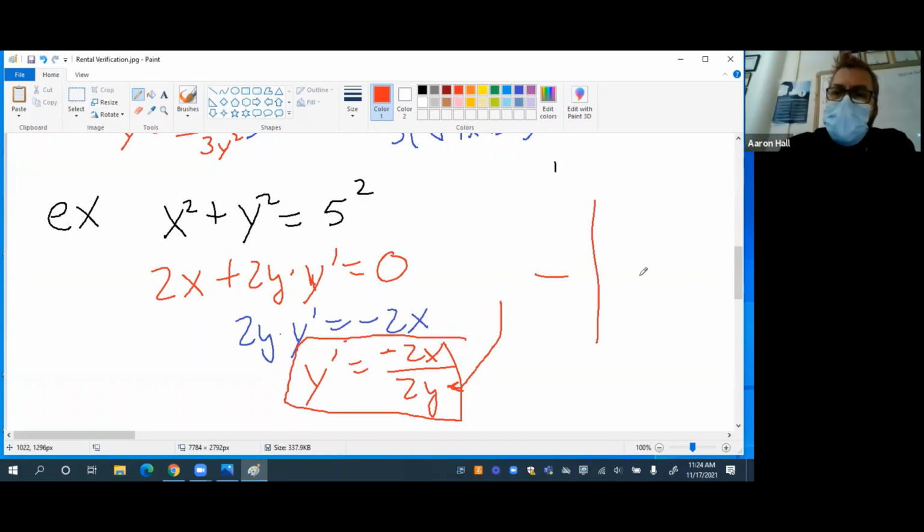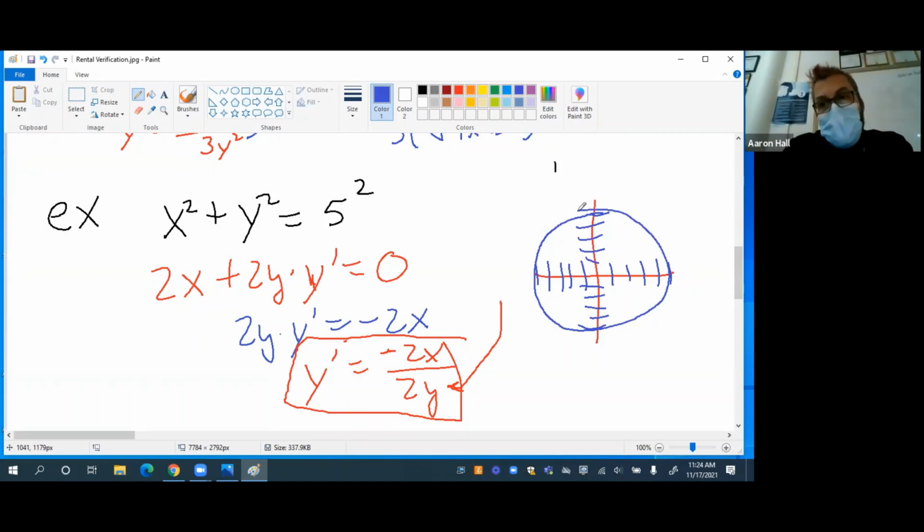Why do I need an x and a y? You need an x and a y to have a slope. For any x value, how many slopes do I have? 2. Where x is 2, I have a slope here. Here's my tangent line there. Here's my tangent line here. I have 2 slopes. So I need an x and a y to identify which slope I'm talking about.